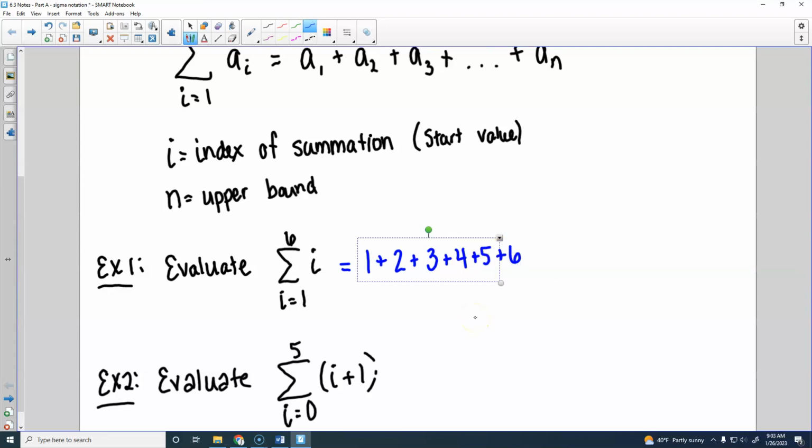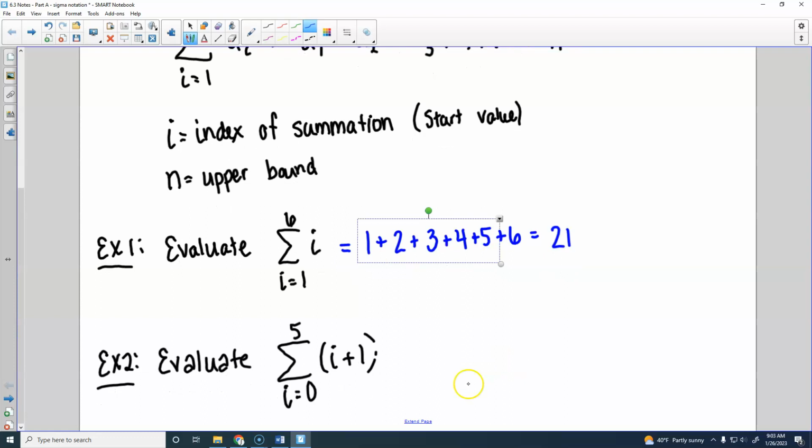All right, so it's just adding up the numbers 1 through 6, and we get 21. Okay, so that would be your most straightforward sort of formula that you would see.